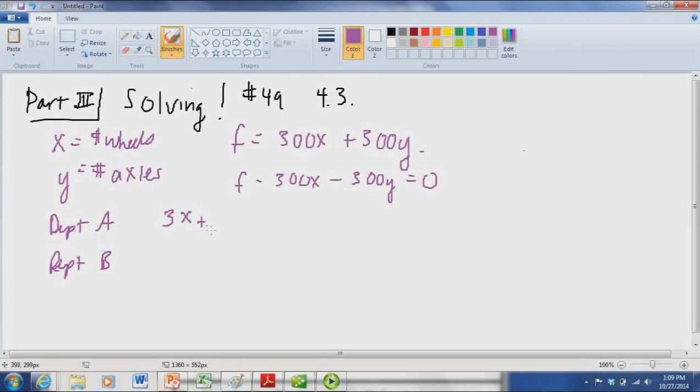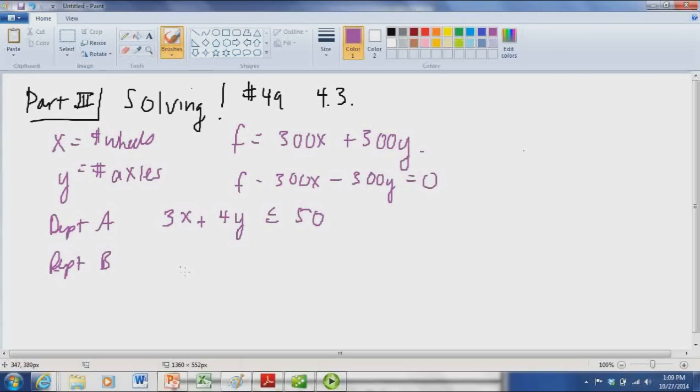I'm looking at Department A, and 4 hours for the axles in Department B, and that is subject to how many hours a week for Department A? 50.